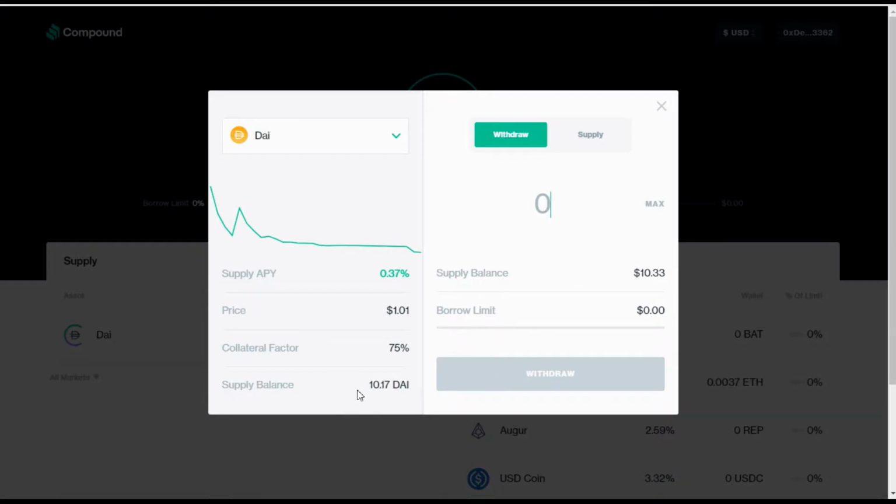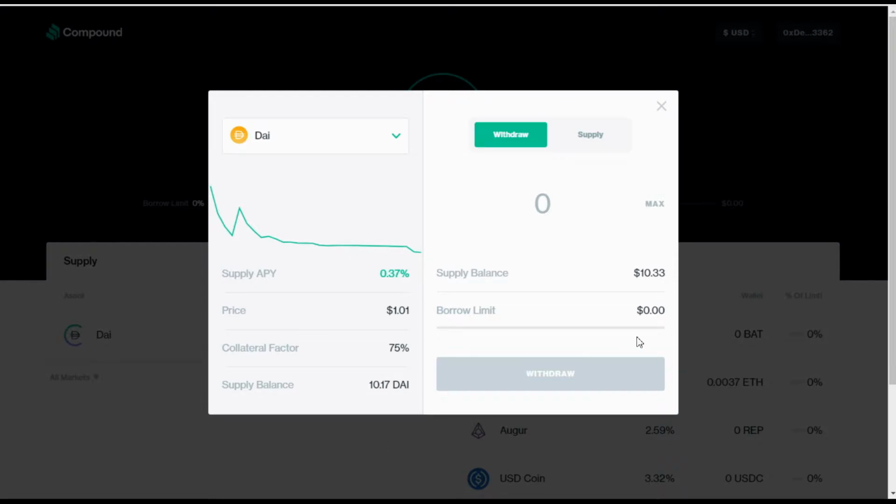Why have I got two different? Yeah. So anyway, I'm just trying to figure that out. Okay, yeah, so basically this is the supply balance. As you can see, there's two different readings. Okay, sorry about that, my brain was just short-circuiting.